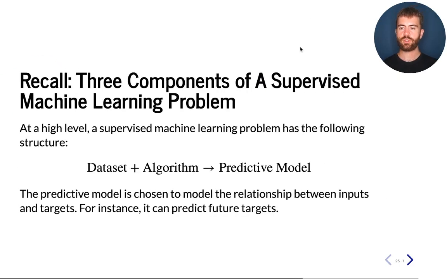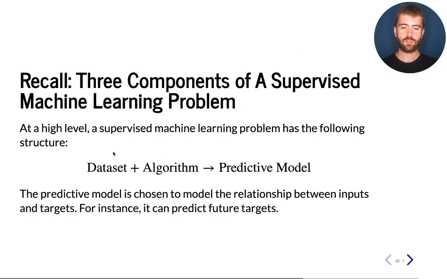So, as we mentioned earlier, when we want to apply supervised learning to a new task, we have to provide the computer with a data set and a learning algorithm. The computer will follow the instructions of the learning algorithm combined with this data set, it will understand the structure of the data and learn a predictive model which we can then use to make predictions and solve other kinds of tasks.